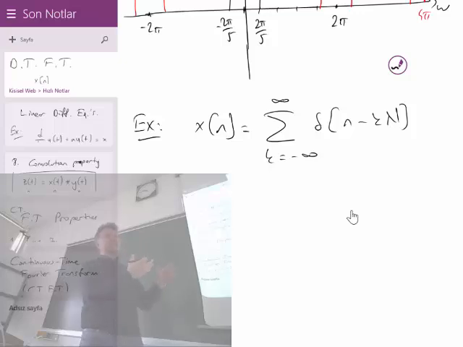Is this a periodic signal? Yes, it is. It is repeating itself. What is the repetition rate? N, capital N. That is the period.